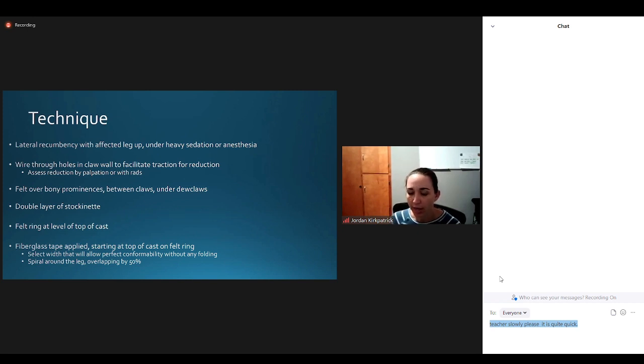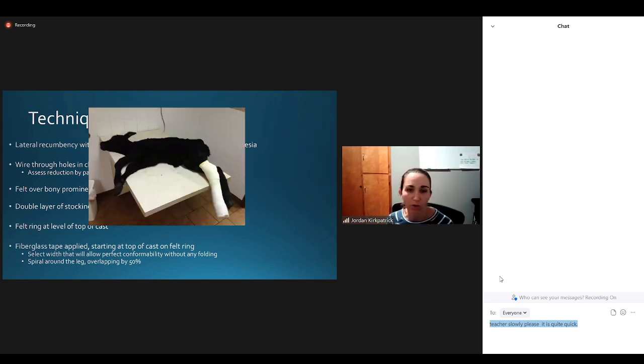So in lambs and small calves, it's usually about 2 inches, or about 4 centimeters in width. Adult animals might be 6 centimeters wide. And then you spiral it around the leg and you want to overlap by 50% every time you go around. So this is what the cast should look like at the end.